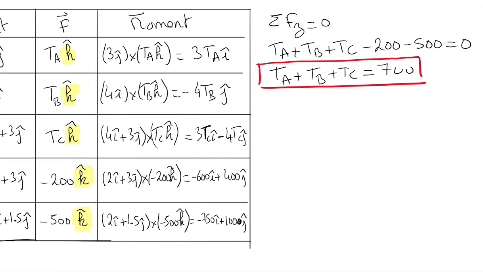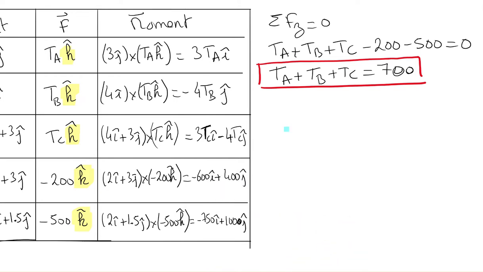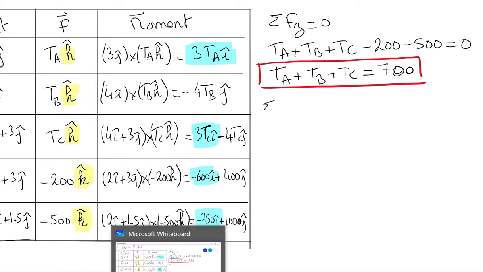Now on the equation of moment, if we look at what is in front of I hat, we have this one on I hat, this one on I hat, this one, and this one. So let's write this equation. Sum of the moment about the point O on x is equal to 0.